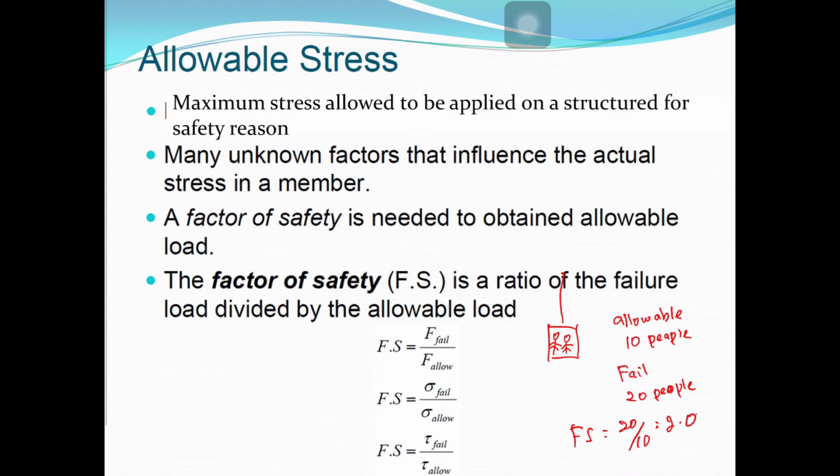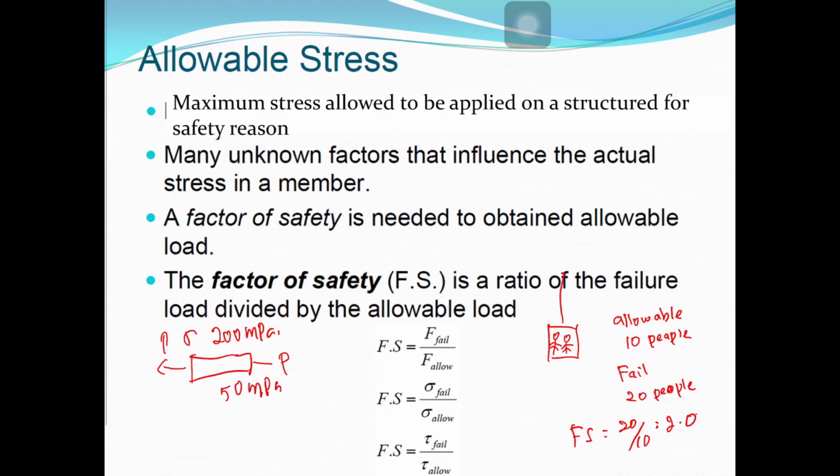Same thing with the stress. Here I use the example of people, but for the stress it's the same thing, and for the structure, the same thing. So allowable is much lower than the failure. If you have this bar with load P, the failure may be 200 megapascal, but allowable may be around 50 megapascal.